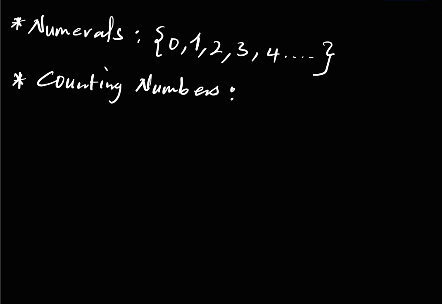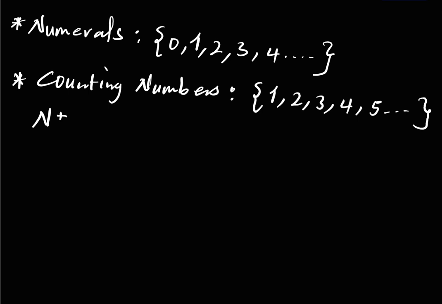When you are counting, you don't say 0, 1, 2. We start counting from 1. So counting numbers start from 1 instead of 0: 1, 2, 3, 4, 5, 6, 7, etc. The list continues. And the symbol that is used to represent counting numbers is the letter capital N with a plus sign up.